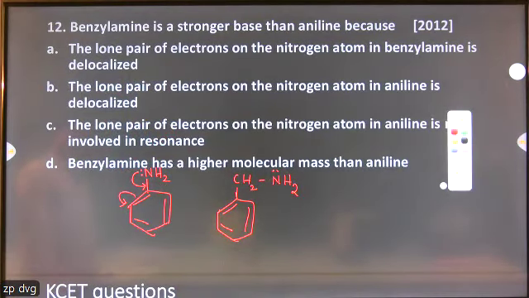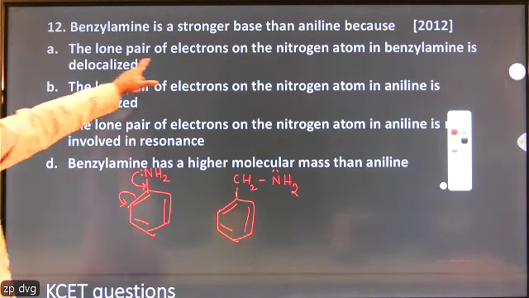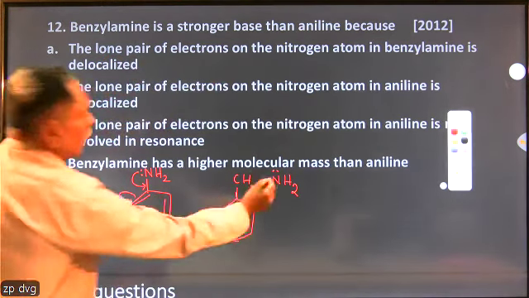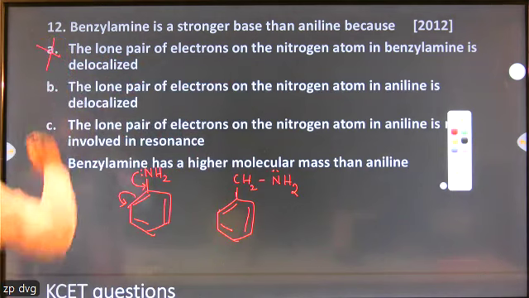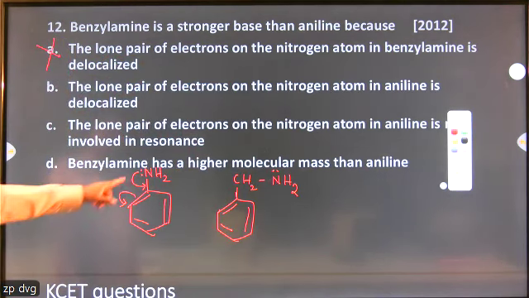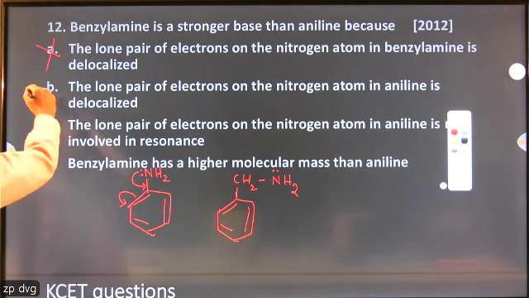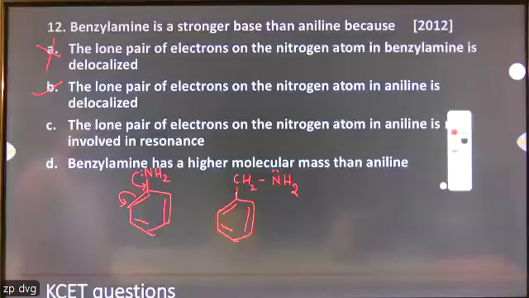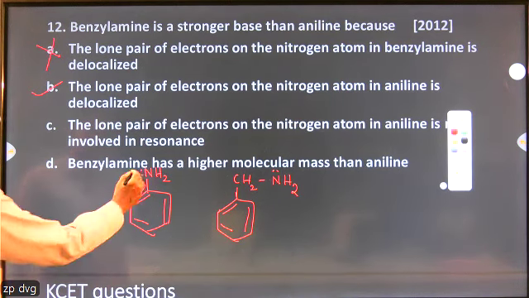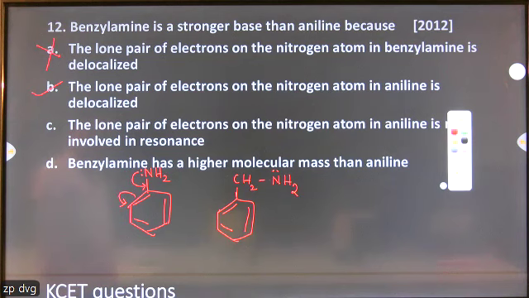So option A is ruled out, since the lone pair on nitrogen in benzylamine is not delocalized, it is localized. The lone pair of electrons on the nitrogen atom in aniline is delocalized, so this is the correct answer. Because of that, benzylamine is a stronger base than aniline. These lone pair of electrons are not available for protonation. That's why aniline is a weaker base than benzylamine.